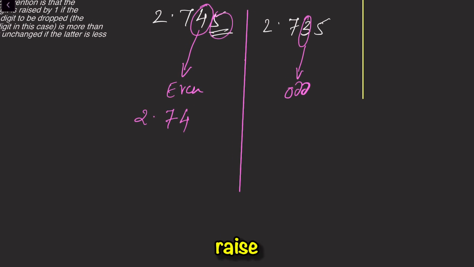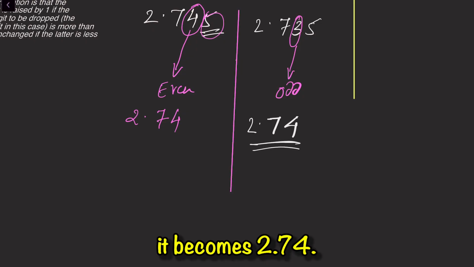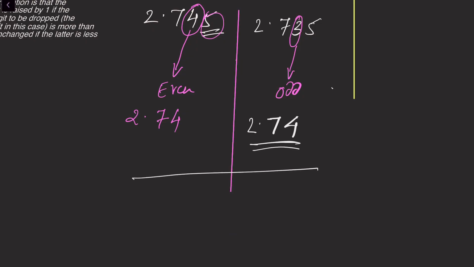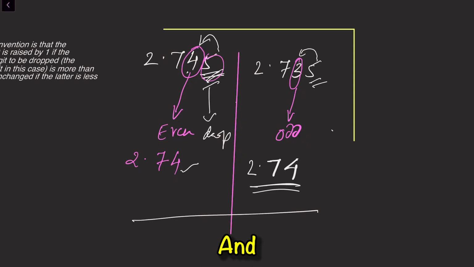So whenever there is this middle number, you always check the preceding digit. If it is even, simply drop the 5. If it is odd, increase it by 1. So 3 becomes 4, so 2.74.